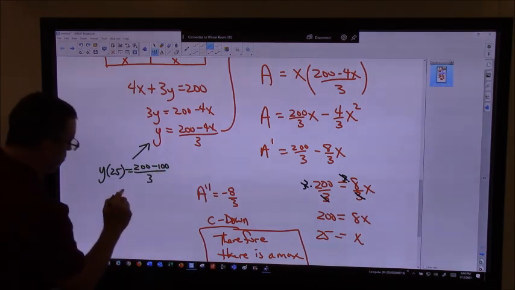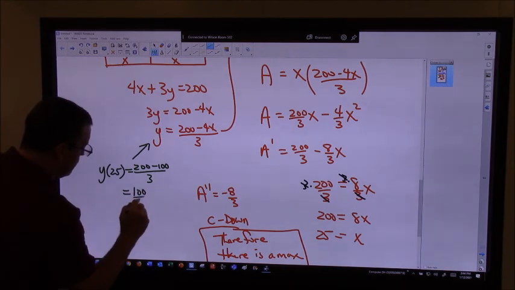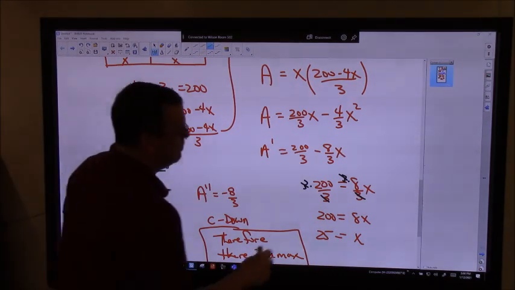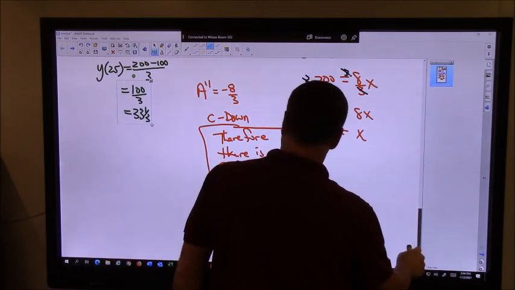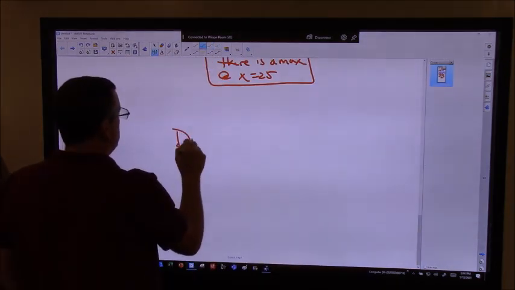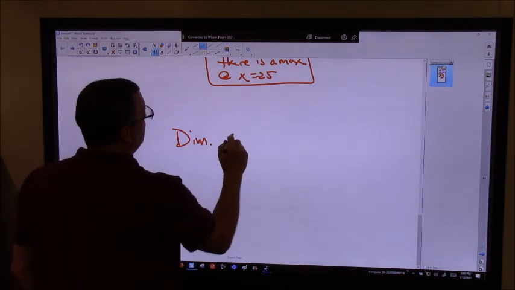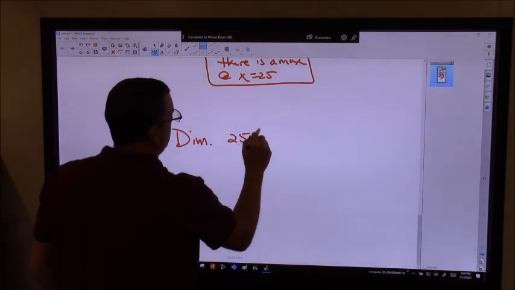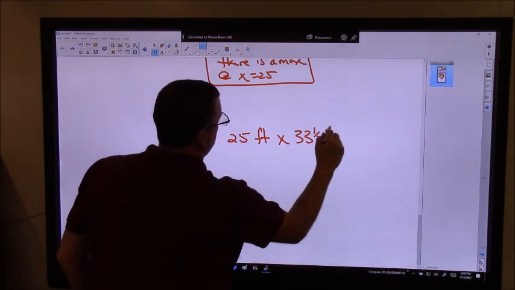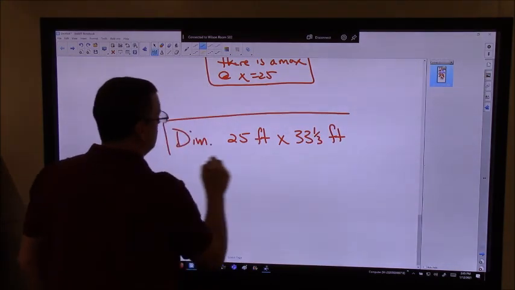So I got 100 over 3, which is 33 1/3. So the dimensions are 25 feet by 33 1/3 feet. There we go.